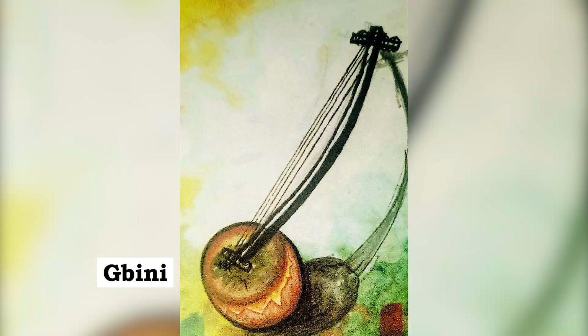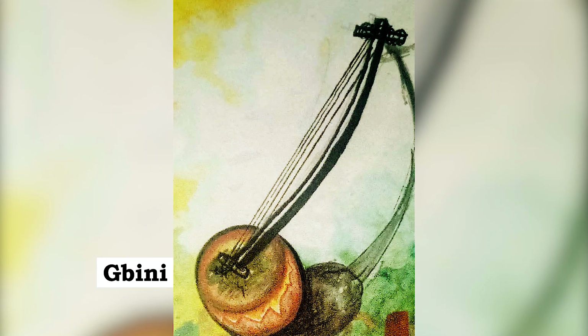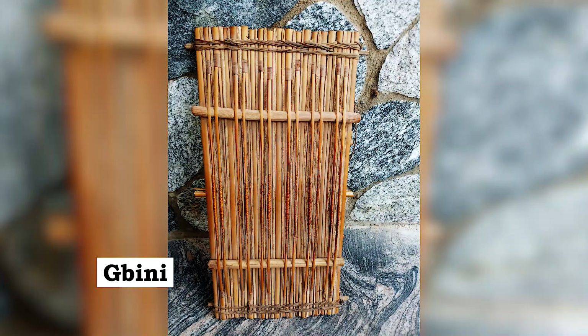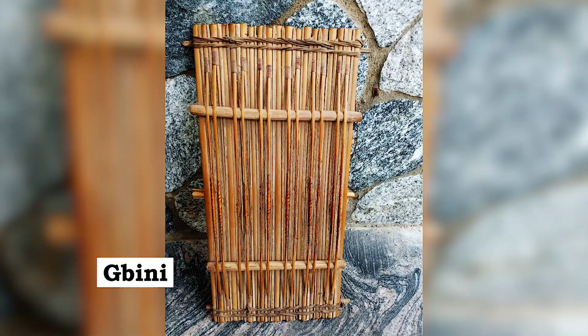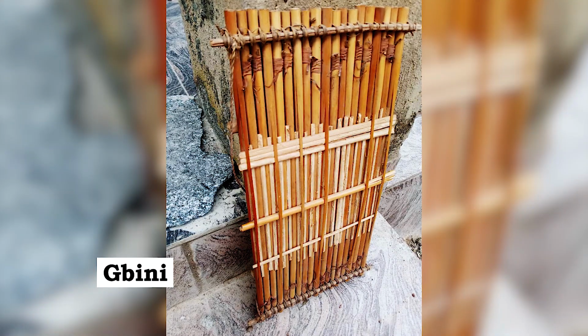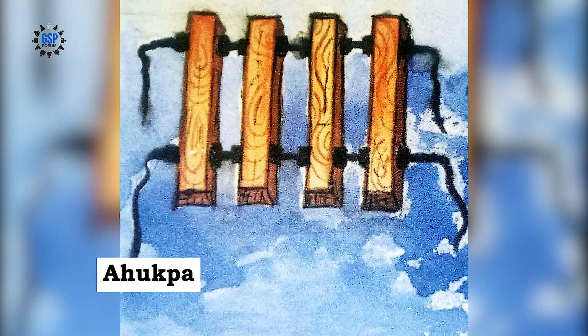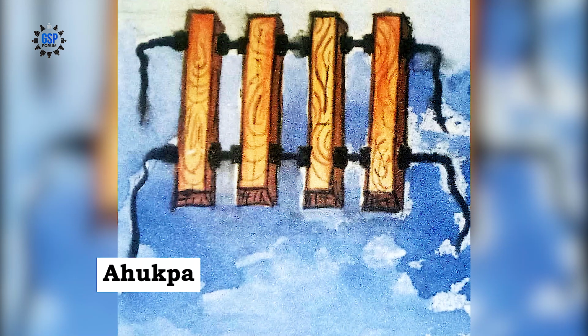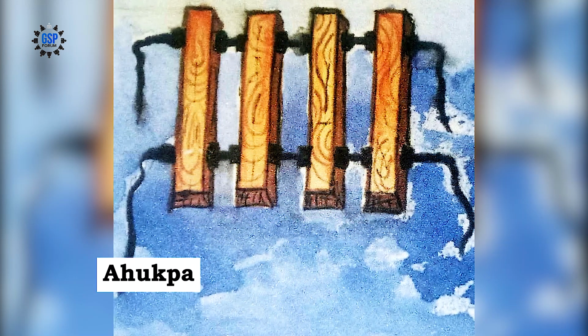We have gbini. Gbini is like the local guitar that has a calabash at the end. A small tiny calabash with a stick going up, and then maybe two strings. People usually use it also to play music. We have the ahupa. Ahupa is like the xylophone. People beat it, making music. So we also have amada.